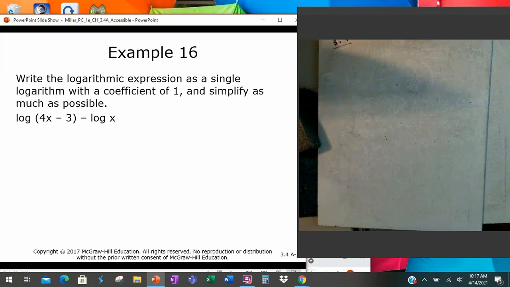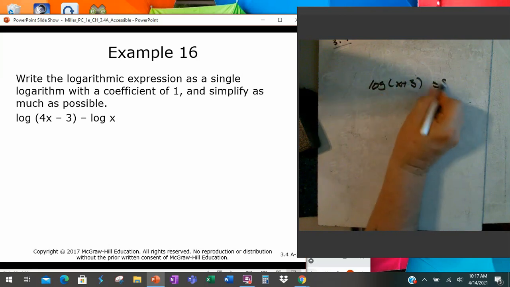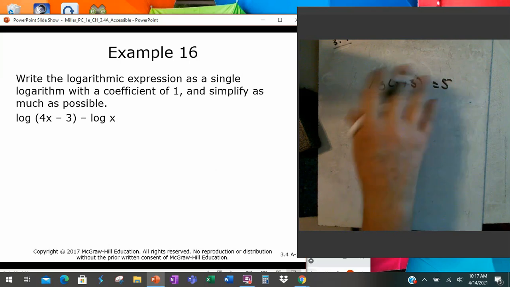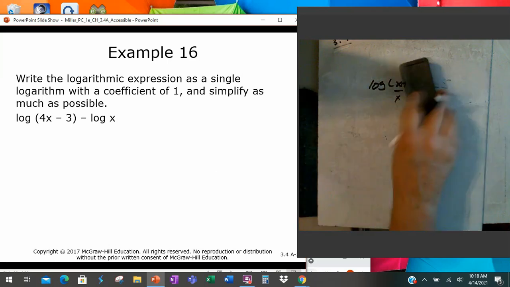Later on, we're going to have to be able to do stuff like, when is this equal to 5? Solve for x. So I've got to be able to do these different simplification expansions, bringing them back together to work them in. We'll work on this later, okay?